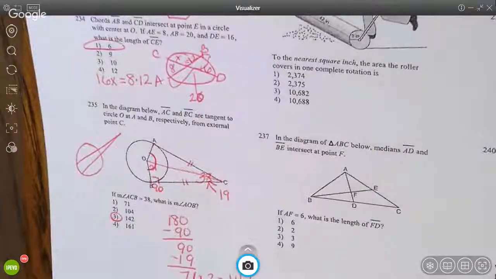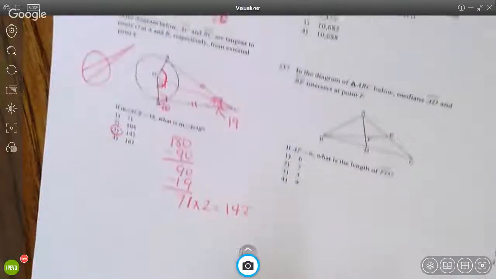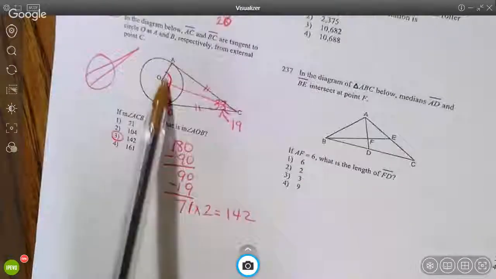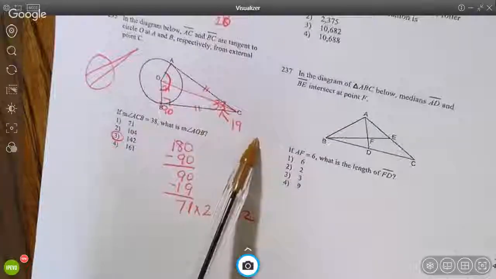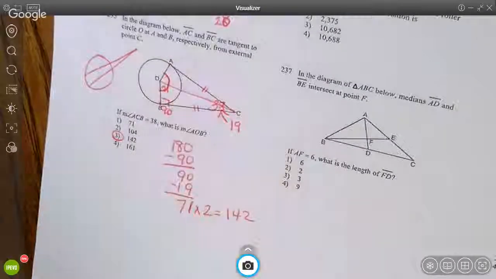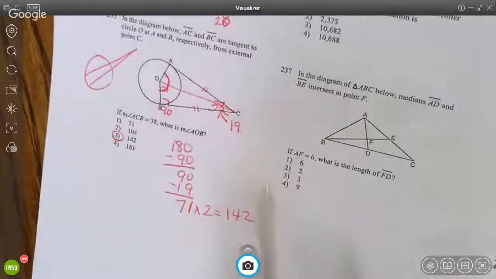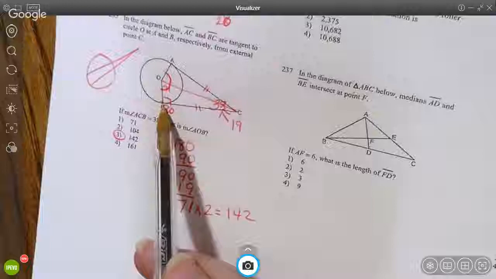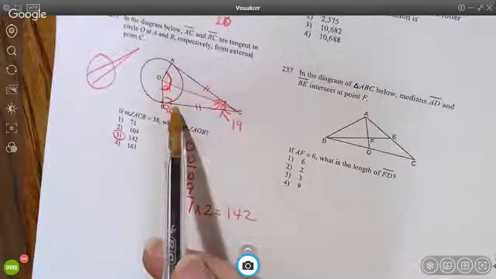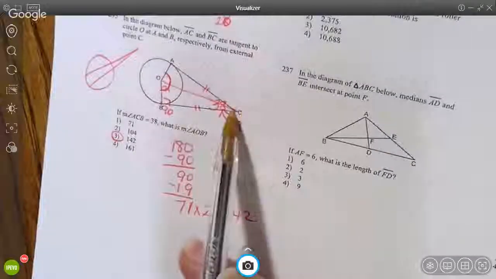So it's 3. Can you explain how you did it again? Yep. I drew a line from circle O to C. And that split these triangles into equal pieces. I know that the tangent touches the radius or the circle at one point and forms a 90-degree angle. I also know that this ended up bisecting this angle.